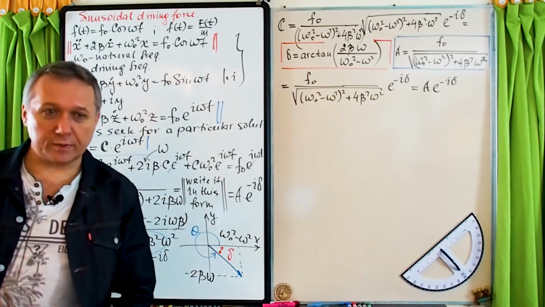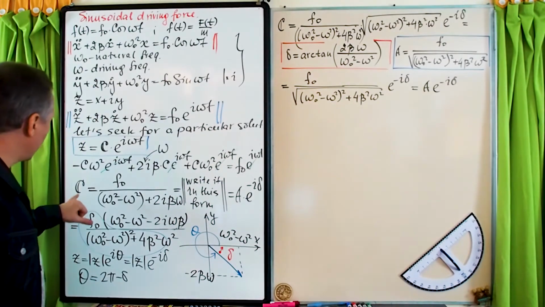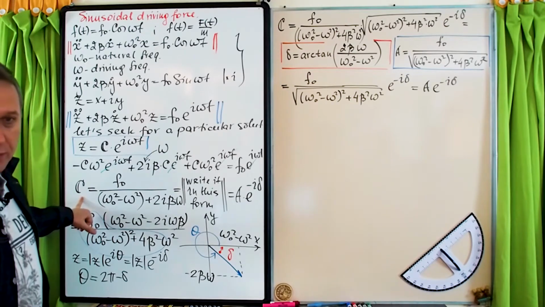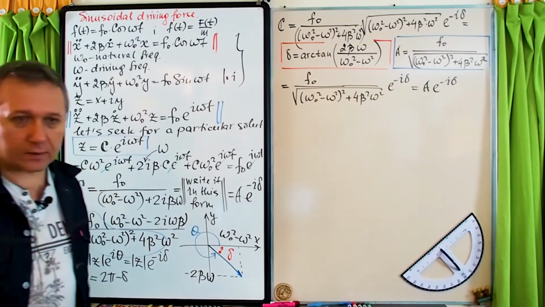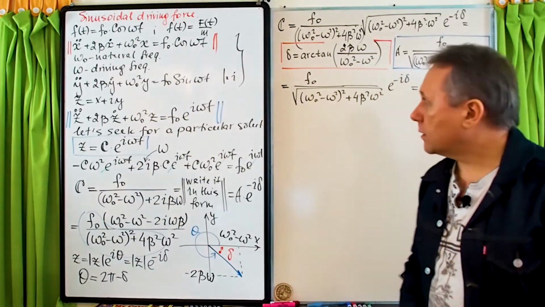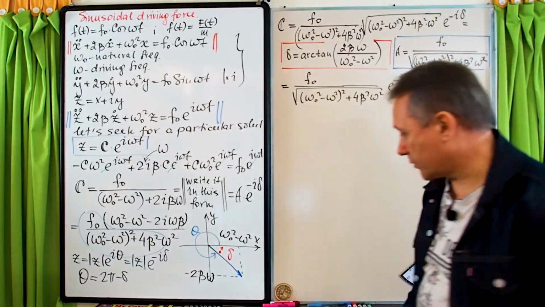Okay, so yes, we managed to write this constant c in a nice exponential form. So now separation of a real part is trivial, right?